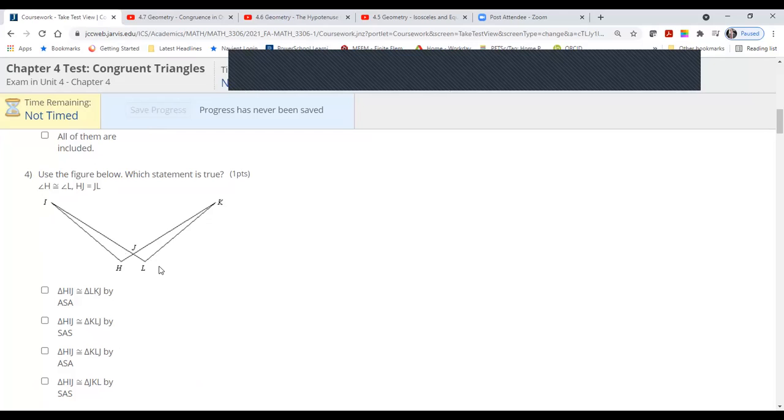Angle, side, angle, right? So it should be one of these, this one or this one.